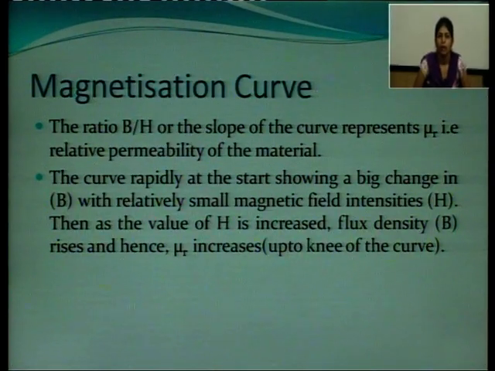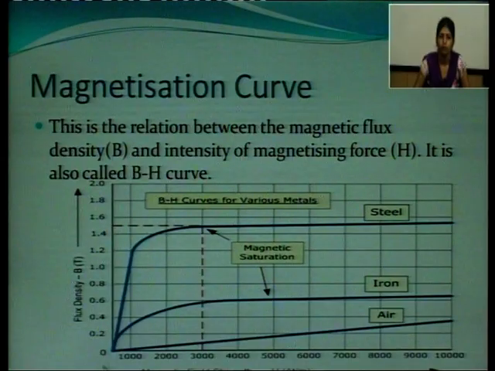The curve rises rapidly at the start, showing a big change in B with relatively small magnetic field intensity H. Then as the value of H increases, flux density B rises, and hence the relative permeability increases. So if we see this curve, for start, as we increase H, B starts increasing.